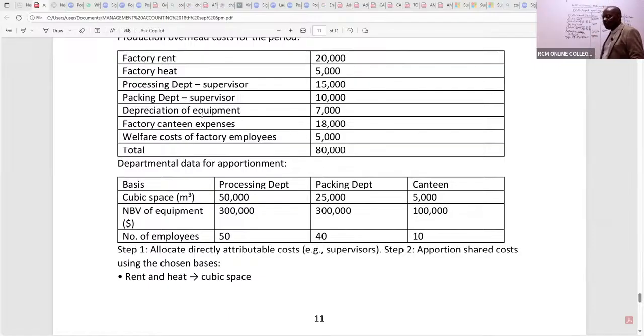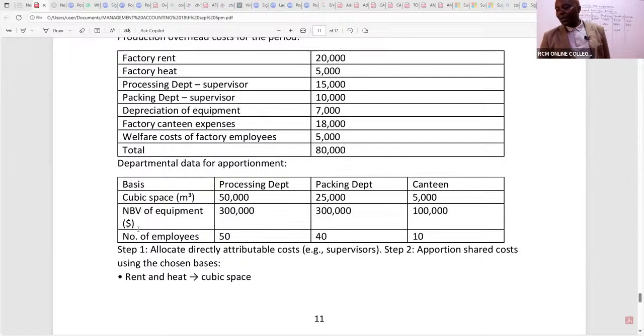But for us to be able to apportion it, look for the very best basis amongst the three. Equipment has got nothing to do with space. Equipment has got nothing to do with the number of employees. Remember, the higher the net book value of an asset is, the higher the depreciation.